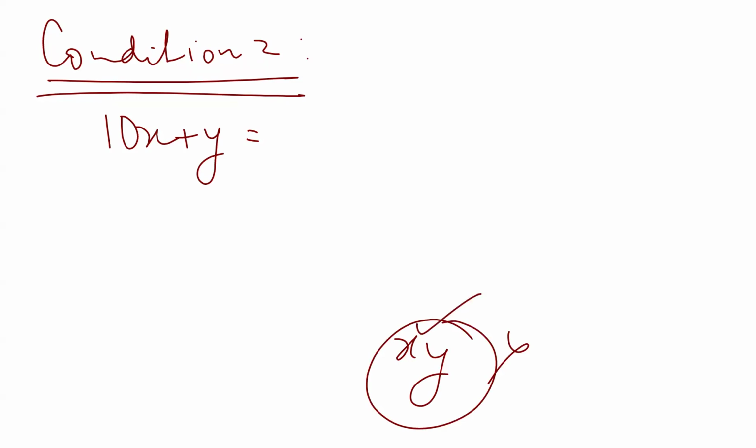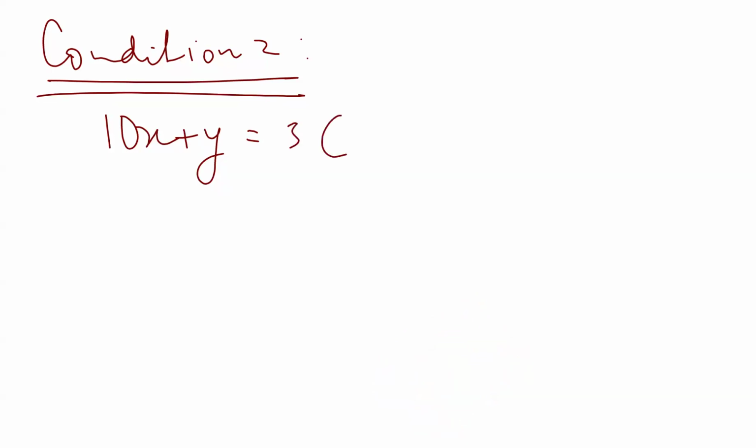X is the tens place and y is the units place, so the number is 10 times the tens digit plus the units digit. So don't write the two-digit number as xy. X and y are the individual digits. So 10x plus y is equal to 3 times the product of the individual digits, so x into y.